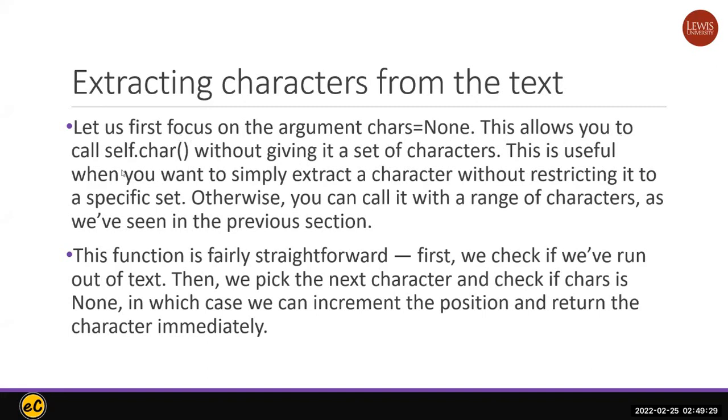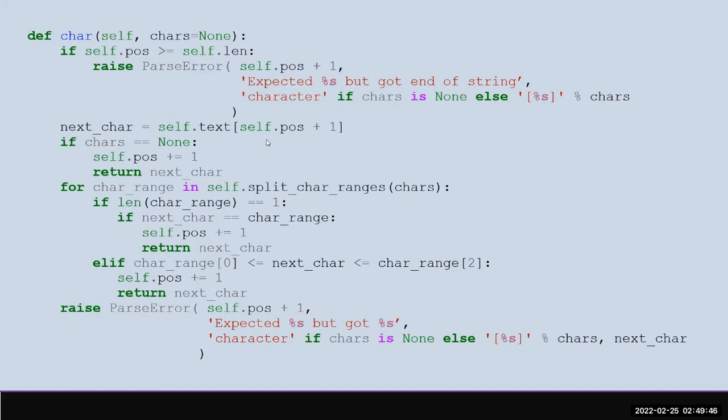This allows you to call self.char without giving it a set of characters. This is useful when you want to simply express a character without restricting it to a specific set. Otherwise, you can call it with a range of characters. Here you can actually put nothing, and then you will process it without a set.